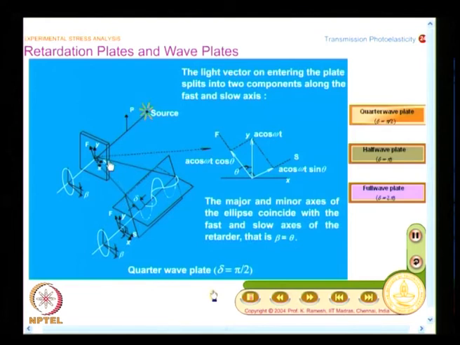So, what happens here? This beta will coincide with theta. Whatever I have shown as beta, it will coincide with theta. The major and minor axis of the ellipse coincide with the fast and slow axis of the retarder.